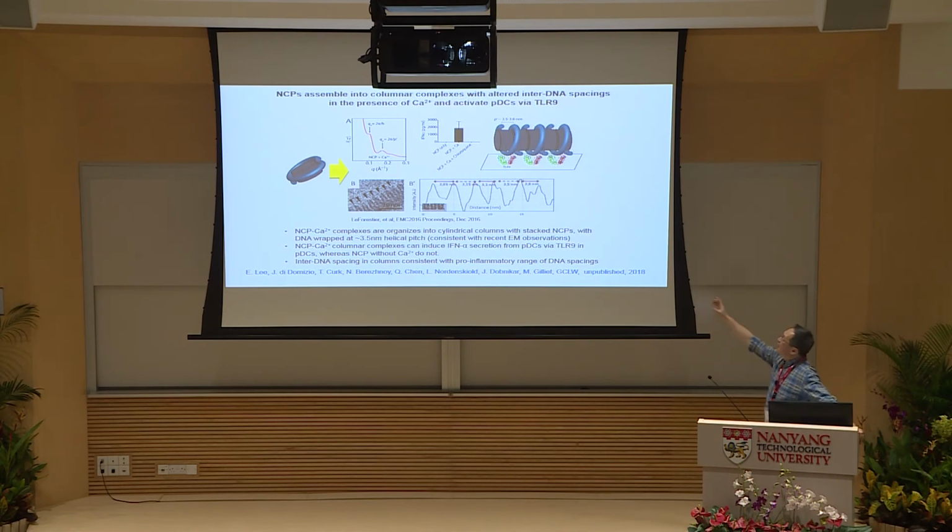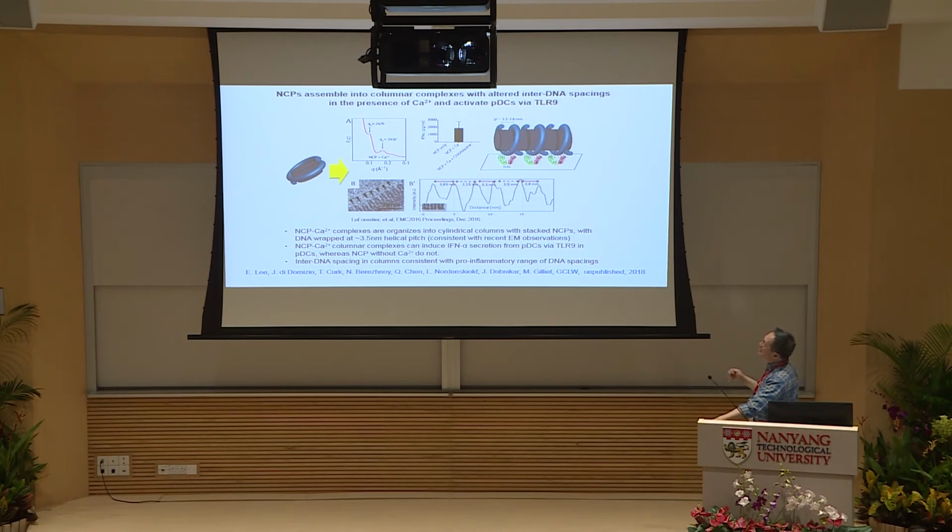And we find that these NCPs stack together to form a column. The thing that's interesting is when it forms a column like this, in order for the DNA to remain isoelectric with the charge on the column, they will change the DNA helical pitch slightly to accommodate, because now the boundary conditions are different. It's no longer wrapping about 1.8 times around each NCP. It can actually relax that condition slightly.